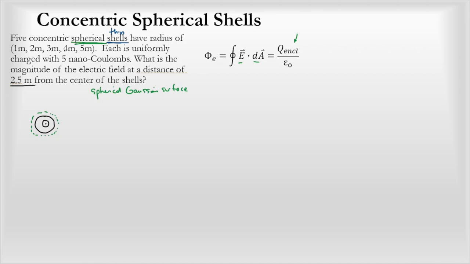The charge outside would be contributing to the electric field at 2.5 meters, but there would be spherical symmetry such that it canceled out. All parts of those electric fields would cancel out and not contribute. So we don't need to worry about those outside shells. It looks like an intimidating problem, like 5 concentric spherical shells, but applying your knowledge about the spherical surface and charge enclosed by that spherical surface, we don't need those charges.